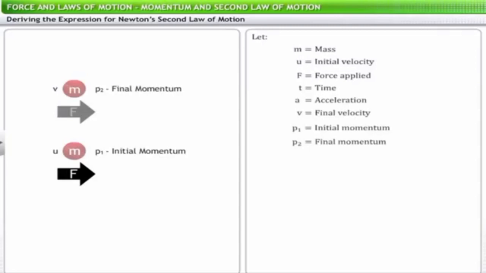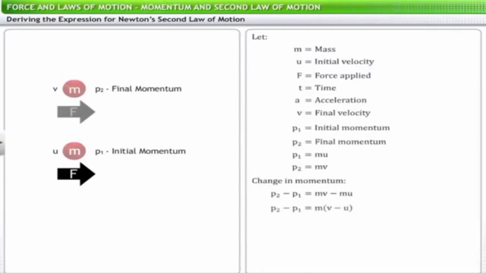By the definition of momentum, P1 = mu. P2 = mv. Hence, the change in momentum is P2 - P1 = mv - mu, or m(v - u).